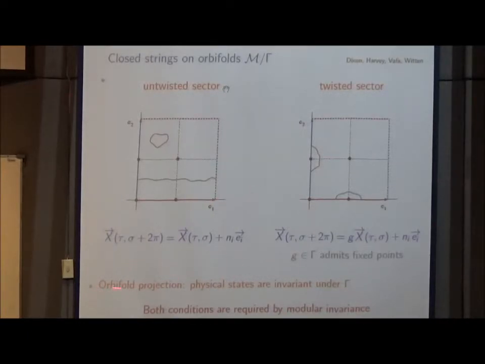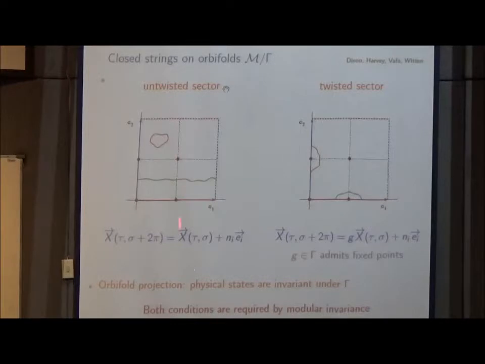And the other condition is the orbifold projection. This is that in the end, when you want the physical states, they have to be invariant under this group. And this also comes by modularity. This projection is similar to the GSO projection, which you get by doing tau plus 1 in the partition function.